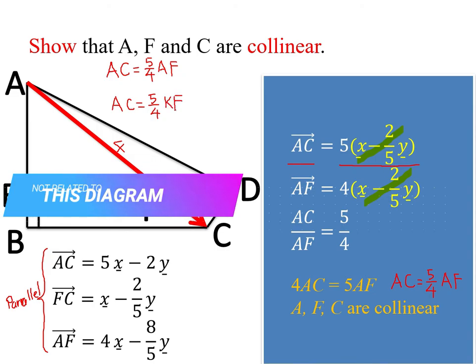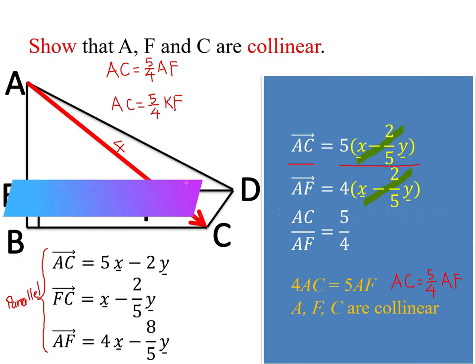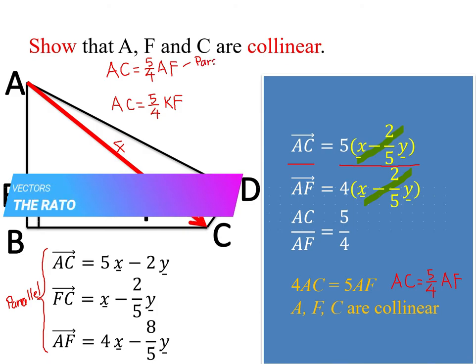KF. My first question is, AC and AF, are they parallel? Yes, they are parallel. Correct? So now I want to ask, AC and KF, are they parallel? Yes, they are parallel. Why? Because there is a number that exists between the two vectors, and that lambda will give you the idea of ratio, right?